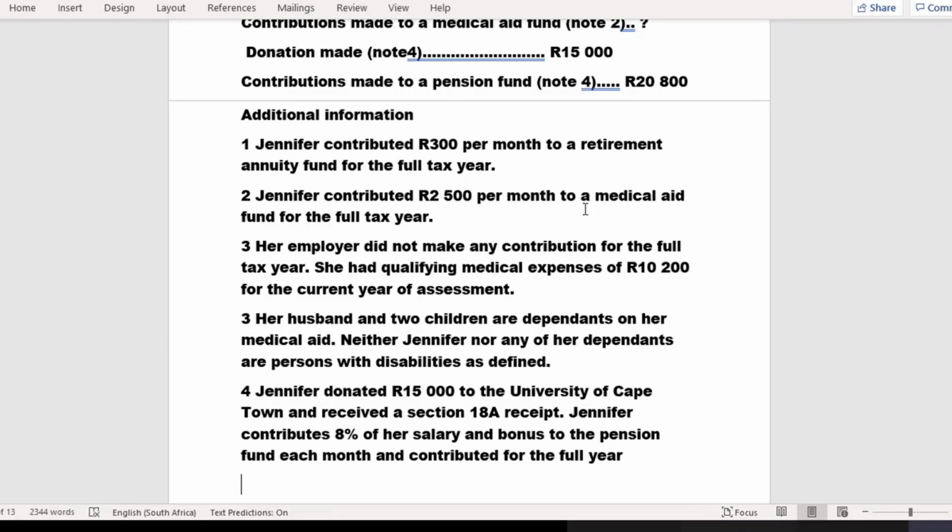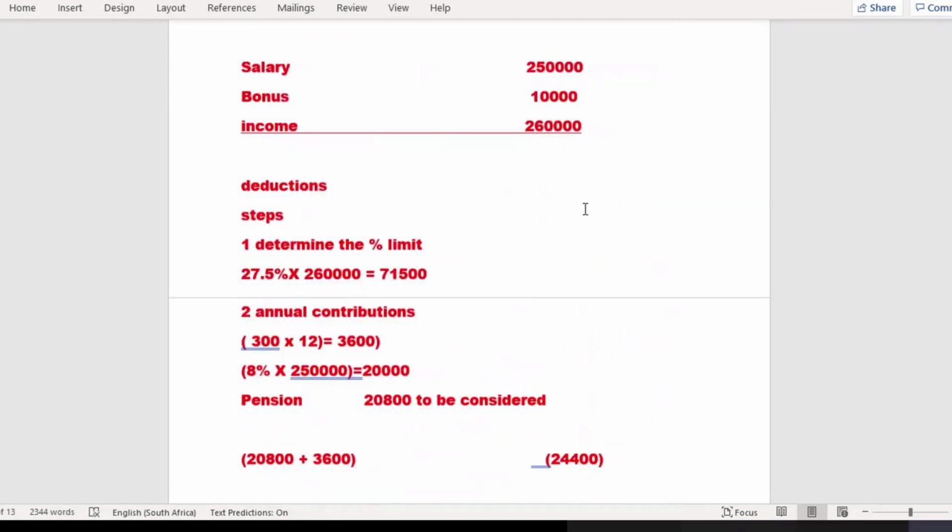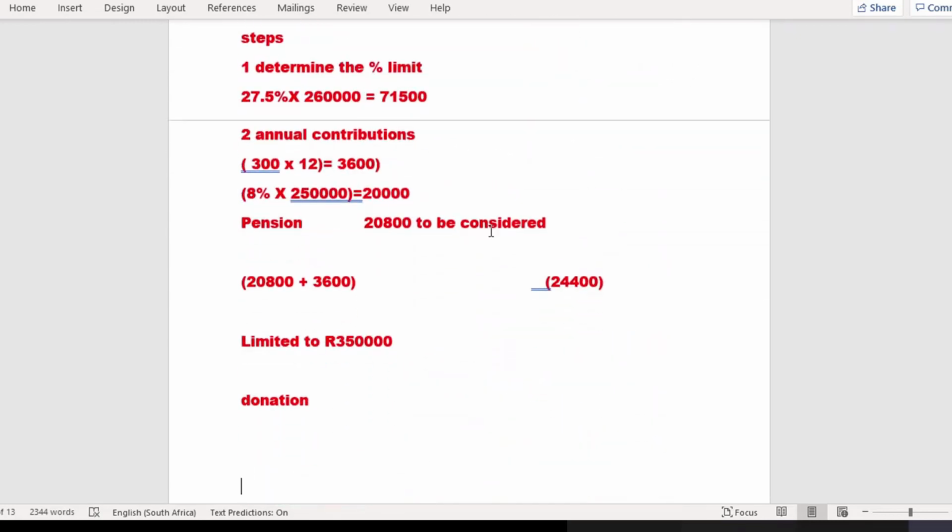So with regards to donation, you would say donation is equal to 15,000 Rand. You're going to take taxable income, I think it's 260,000 Rand, and you multiply that by 10%.